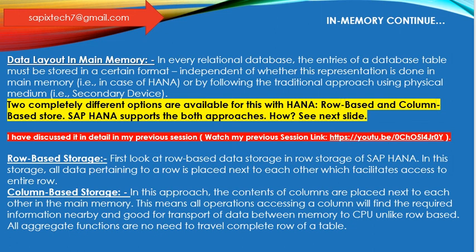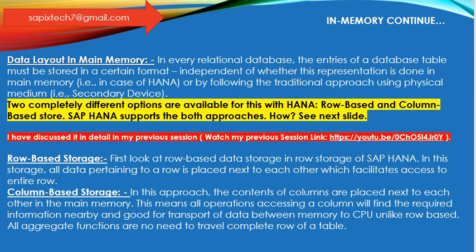A traditional database stores only in row format, but HANA stores in row format as well as in column format. I have discussed in detail what row format and column format are in my previous session. I have provided you a link. I would request all of you to go to that link and see how SAP HANA stores data in column format and row format. What are the advantages?